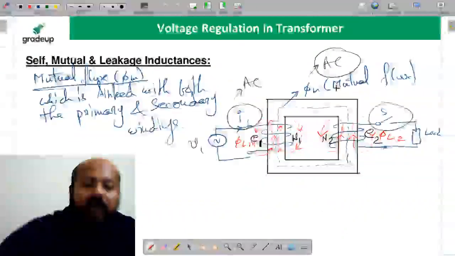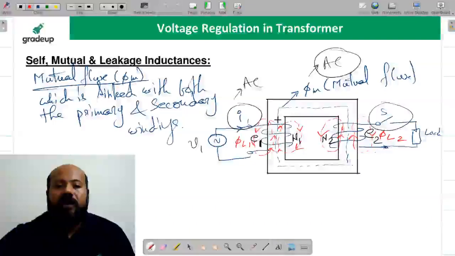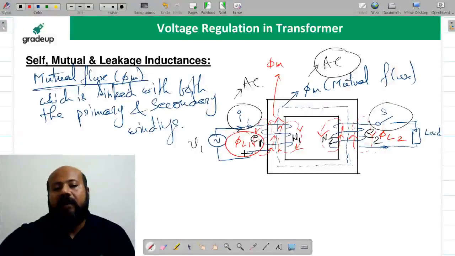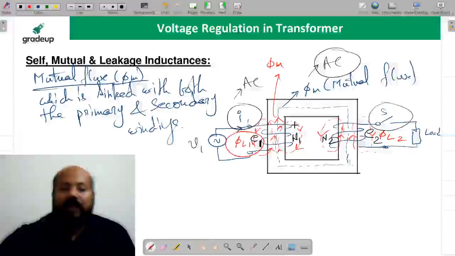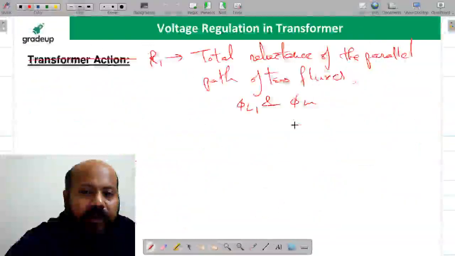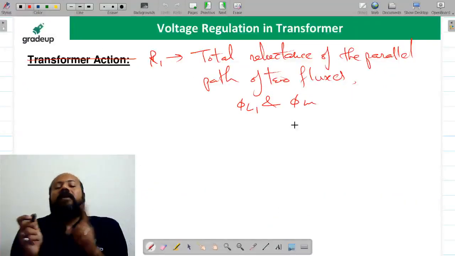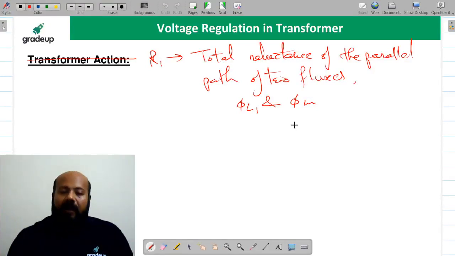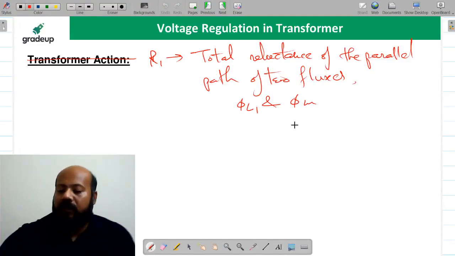If you see this transformer, you can see this mutual flux phi M and this leakage flux phi L1. Can you see this acting as a parallel, yes or no? So we are writing the total reluctance like this. You can consider it as two resistances connected in parallel. I hope it is clear to all of you.